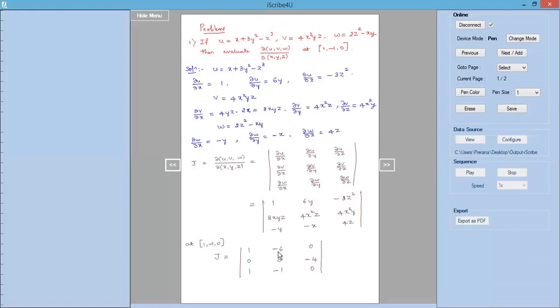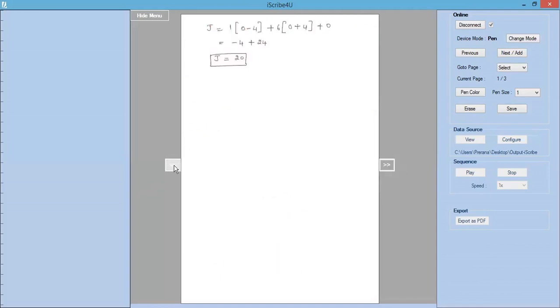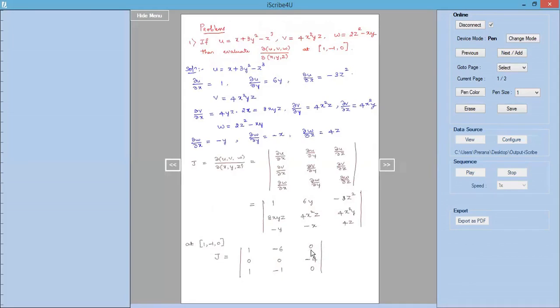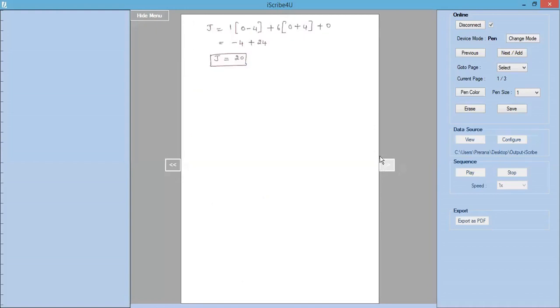So the middle term should give you minus. Minus of −6 gives me plus 6 multiplied by 0 into 0 is 0. Minus of −4 gives me plus 4. And lastly, the third term is 0. 0 multiplied with a 2 cross 2 determinant will give you 0 itself. So that is how we have evaluated the Jacobian.